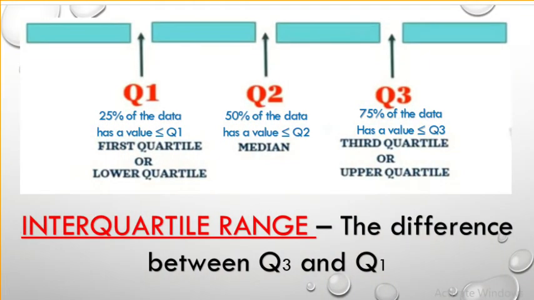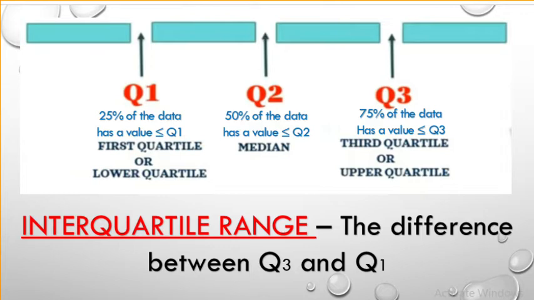For me to show you clearly, sa quartile 1, 25% of the data has a value of it, meaning 1/4 of our data ay nasa first quartile. And the 50% or ang kalahati ng ating distribution ay pasok sa ating quartile 2 or median.